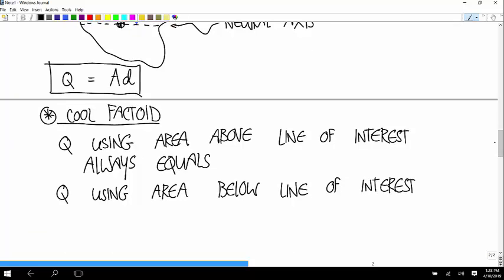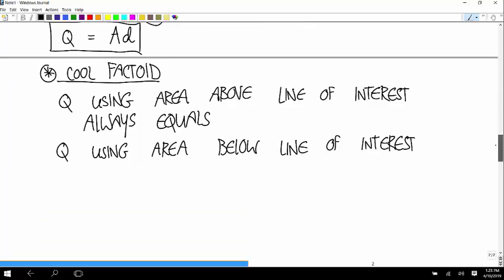It's not the same area or the same distance, and they always equal each other for any shape.